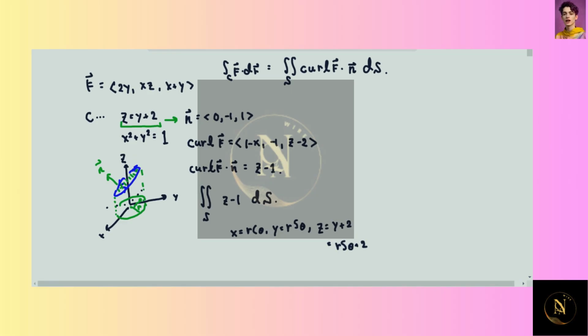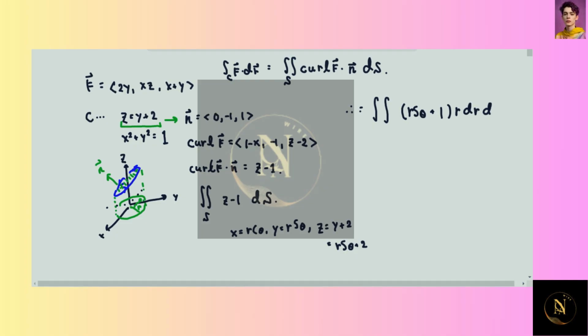So what we're really evaluating is the double integral of r sine theta. This is z minus 1, so it's going to be plus 1. Okay, and let's not forget that this is the same as the change of variables, so we have to have an r in it: r dr d theta.